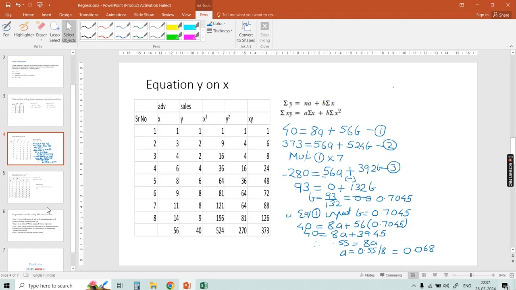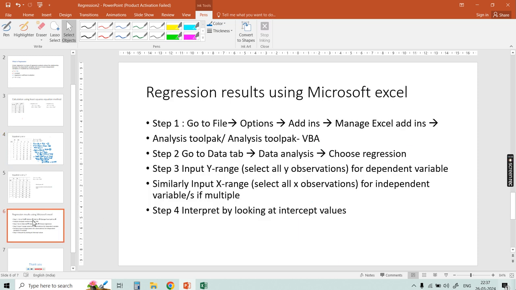So I hope this session was useful to you in terms of calculating the regression equation using the least square normal equations method. And for researchers who have lots of data, they can use the shortcut of using Excel.